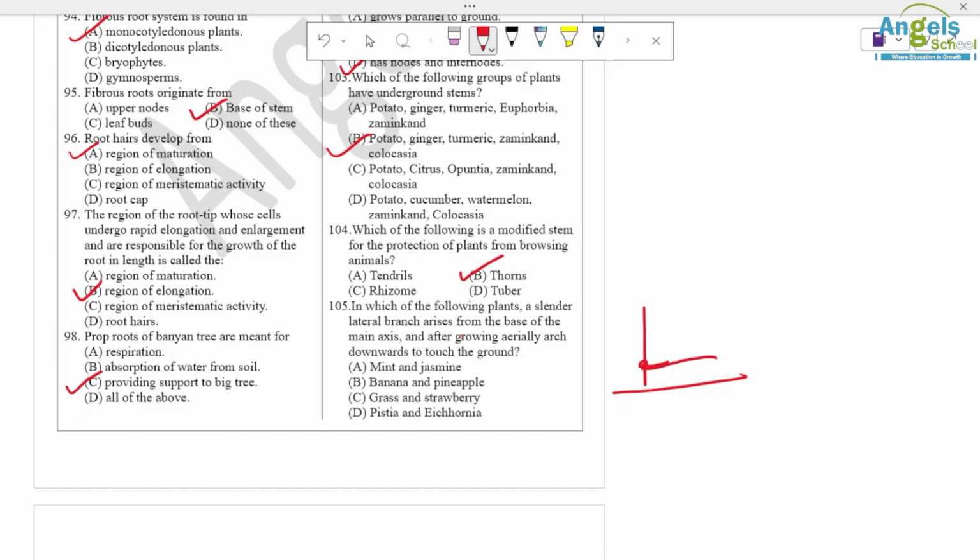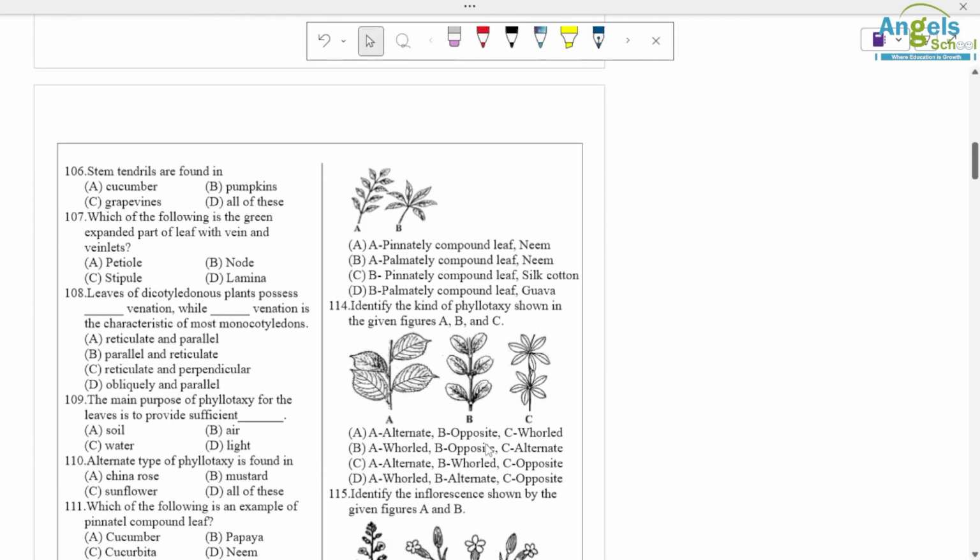Okay, so aerially grow होगा, फिर arch downwards and touch the ground and arise a new plant. Okay, so mint and jasmine is the correct option. Stem tendrils are found in cucumber, pumpkin, and grapevine, so all of these are correct.